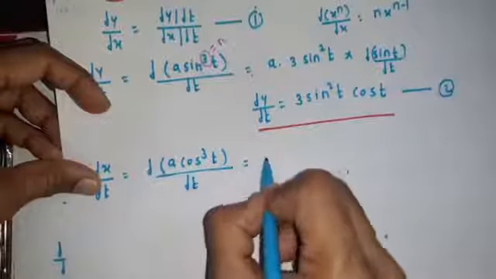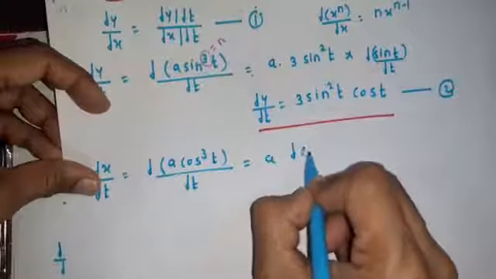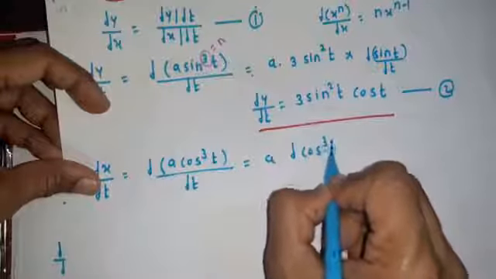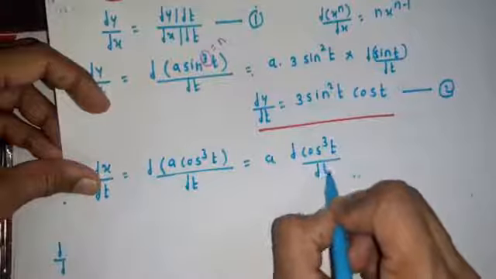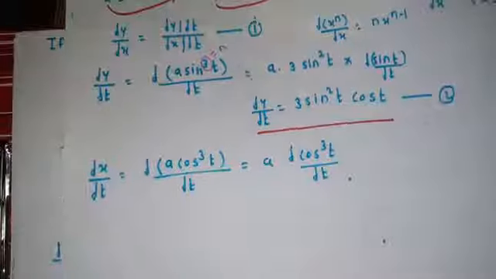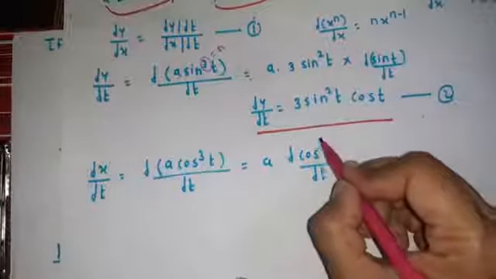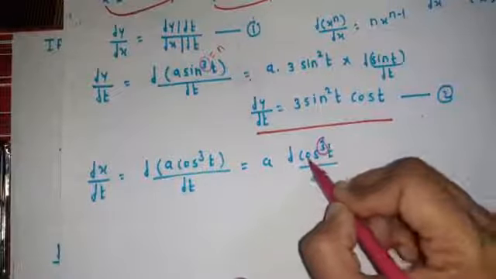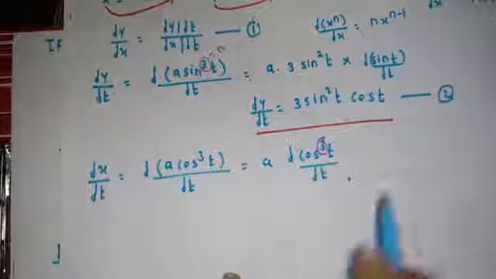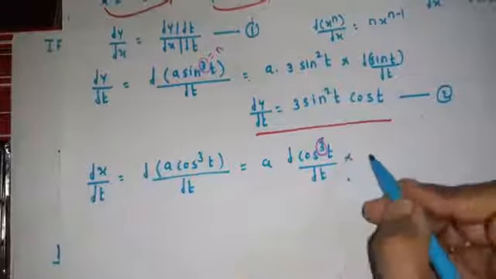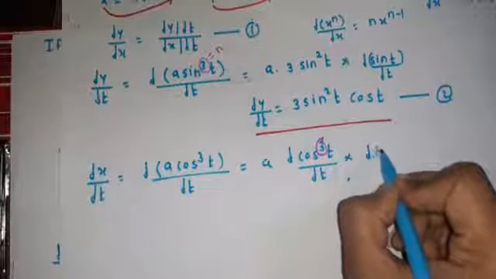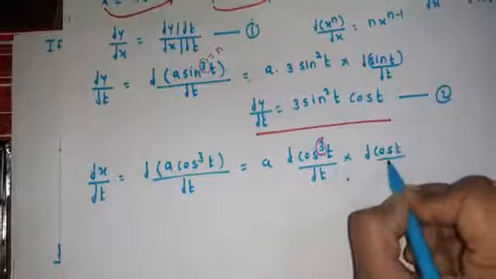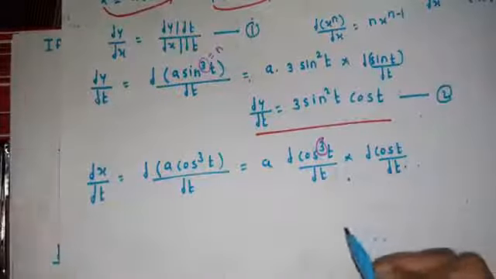Here a is constant. Differentiation of cos cube t with respect to t means again by using the power function we have to differentiate. But this power function is a function of cos t, which is again differentiable, and therefore into differentiation of cos t with respect to t.